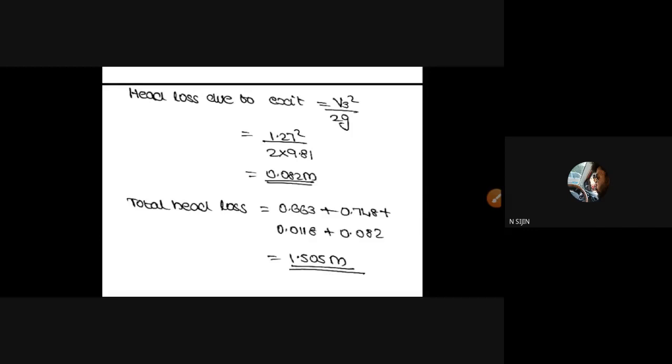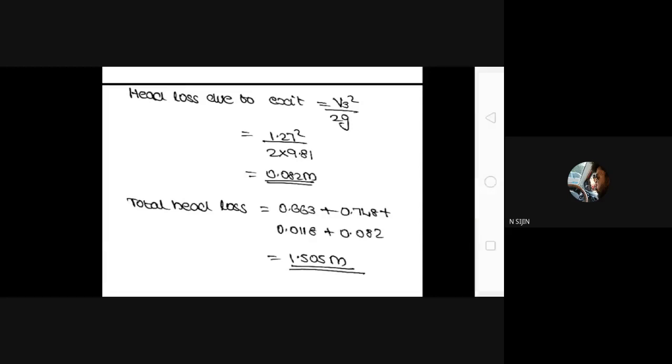Then we need to determine the total head loss. Total head loss is 0.663 plus 0.748 plus 0.0168 plus 0.082.